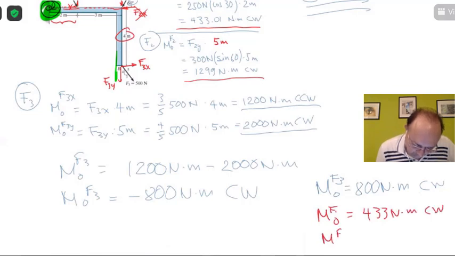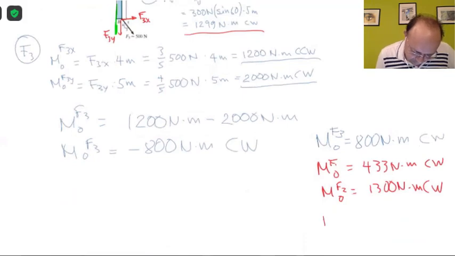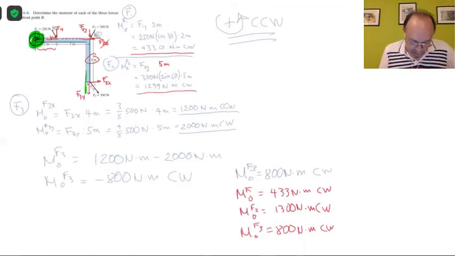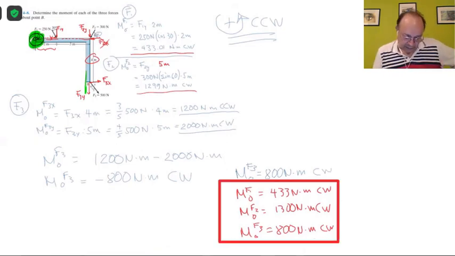Moment of F2 with respect to O, 1300 newton meters clockwise, and the other one we have it right there. Well, let's put it just down here to be very organized. Moment O of F3 equals 800 newton meters clockwise. So all of them are clockwise. So let's put it in a nice shape here. The final answer.